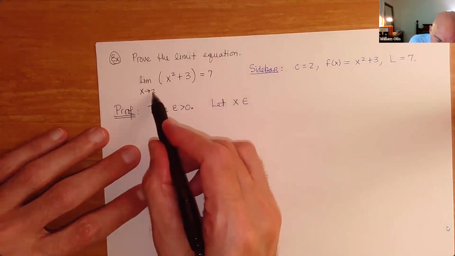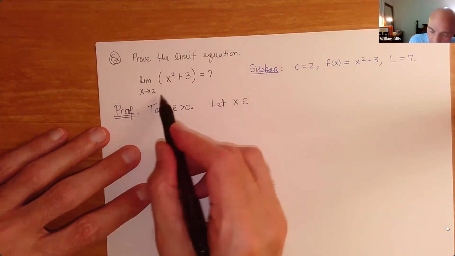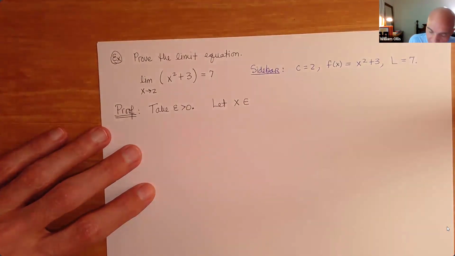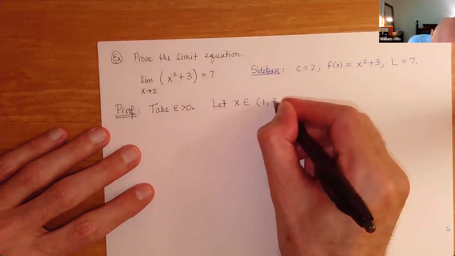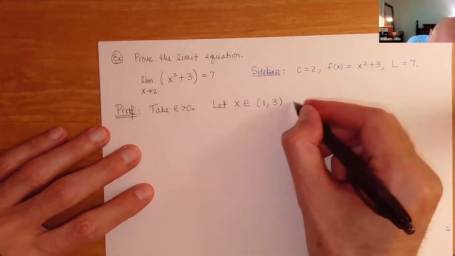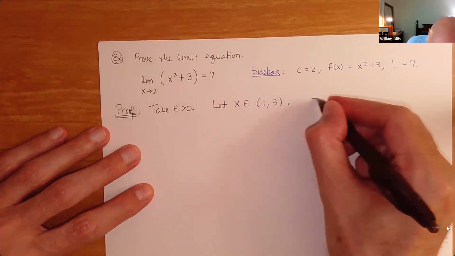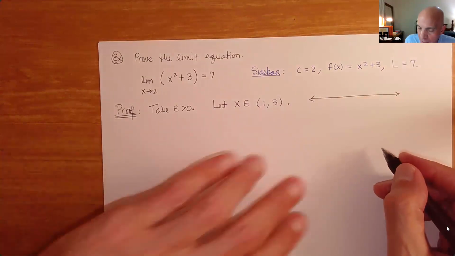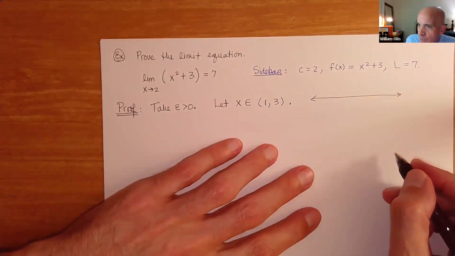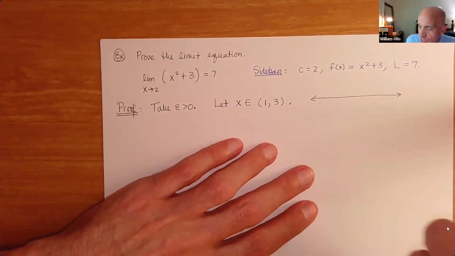Let's be one away on either side. So we'll say x will be in the interval 1 to 3. So let's just do a little diagram of that. And this is completely arbitrary. This is what I was talking about before. Your arithmetic will look different if you make different estimations here.